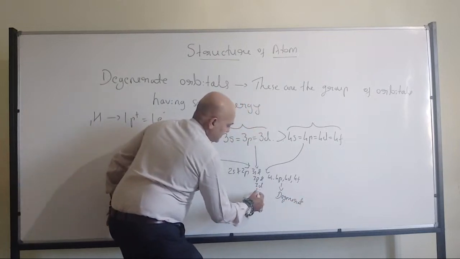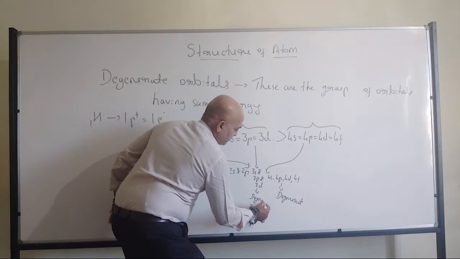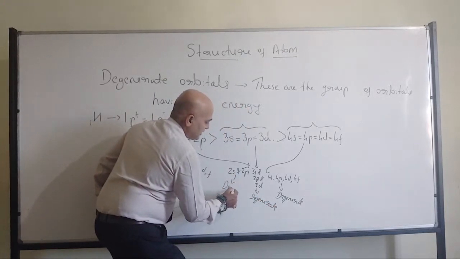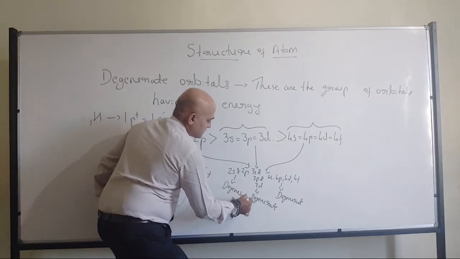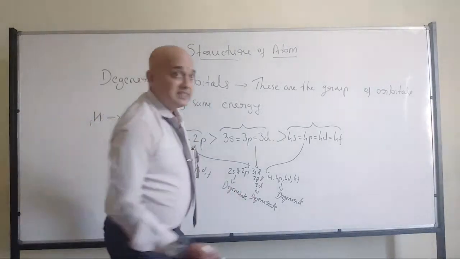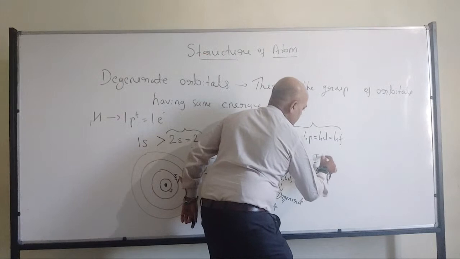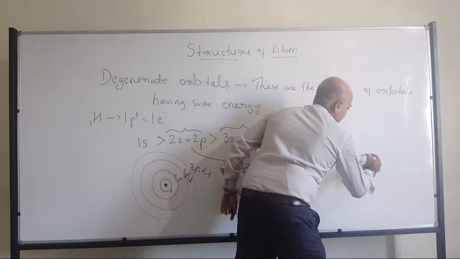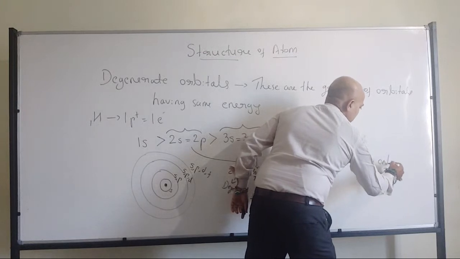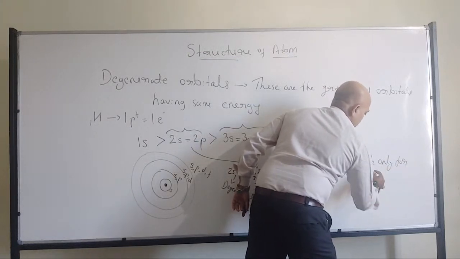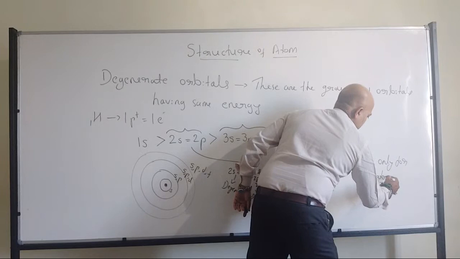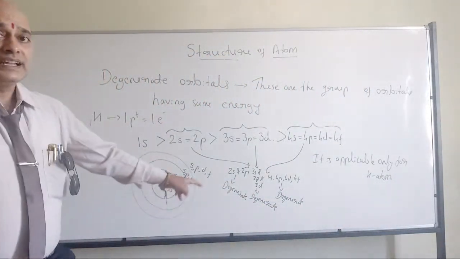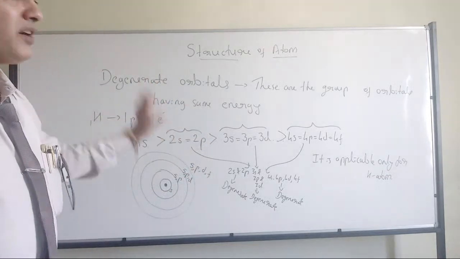This is another set of degenerate orbitals, and this is another set of degenerate orbitals. But it is applicable only for the hydrogen atom. Whatever examples of degenerate orbitals I have written, they are applicable only for hydrogen.